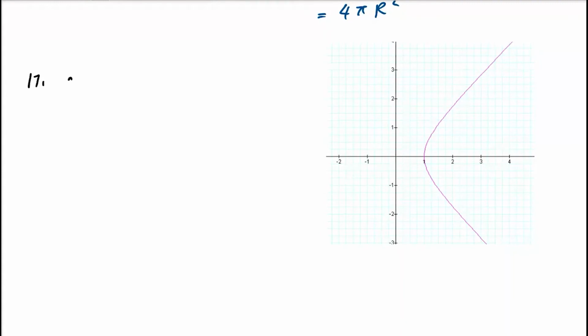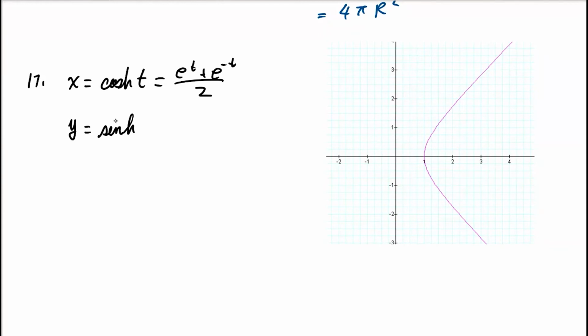And then what we have is x is equal to hyperbolic cosine t. And by definition, this is known as e to the t plus e to the negative t over 2. And then y is known as hyperbolic sine, which is by definition this.